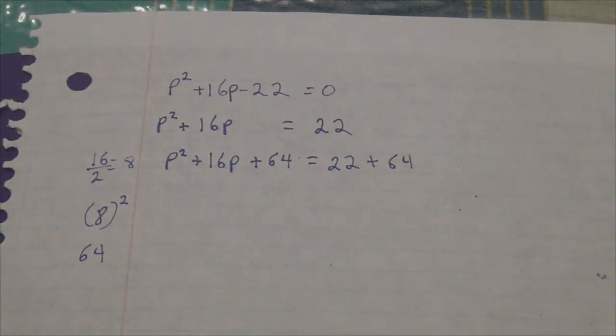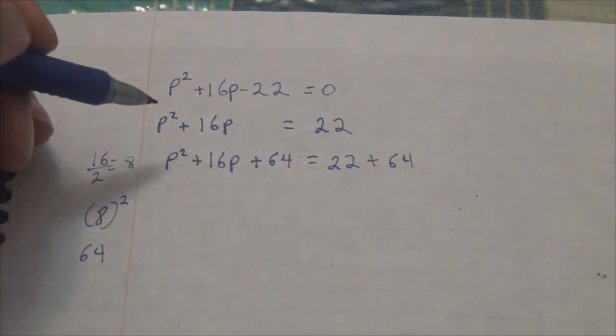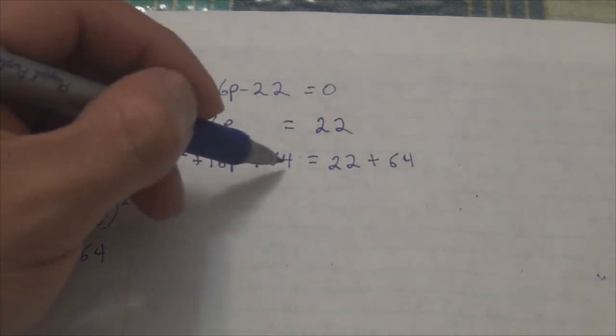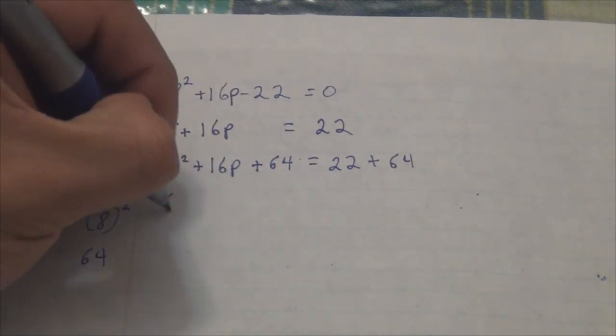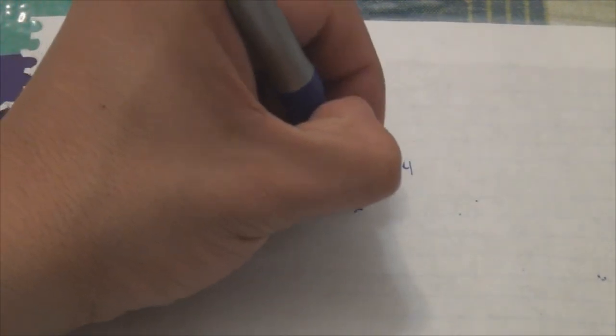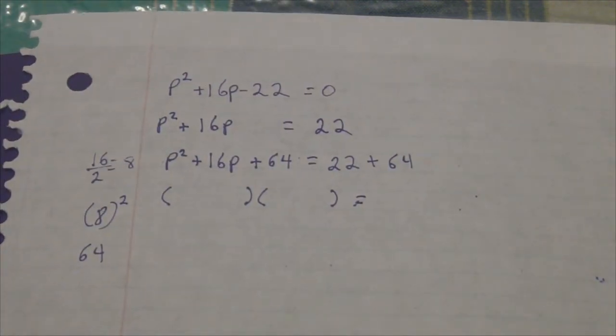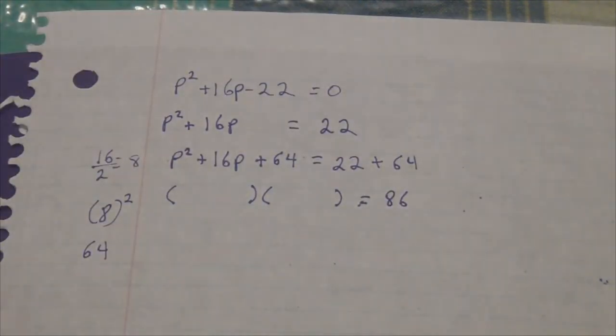Now by doing this, we create a perfect square trinomial. Meaning that this will turn into a square binomial. So let's factor. We're still doing it step by step, and I said in the future I'm not going to do it. Alright, what is 64 plus 22? That's 86. Yes?